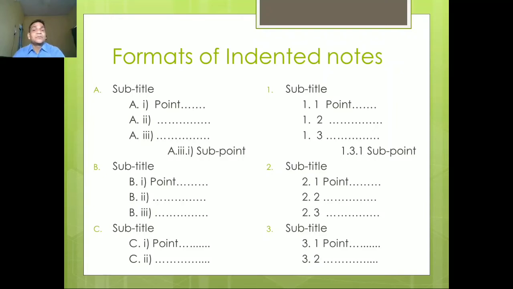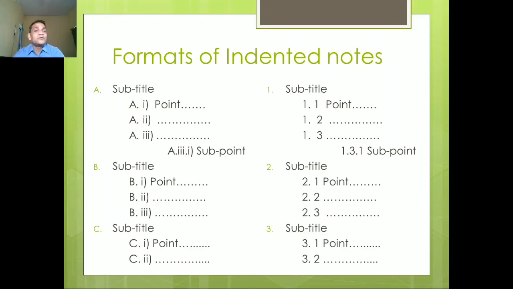So these are some samples of indented notes. Over here you can see that we have divided the subtitles by numbering them as A, B, C. In the second set we have numbered them as 1, 2, 3. Now the subtitle has less margin left. Then when we move to point A.1, the indent is increased.